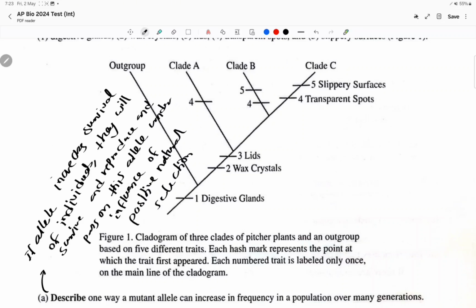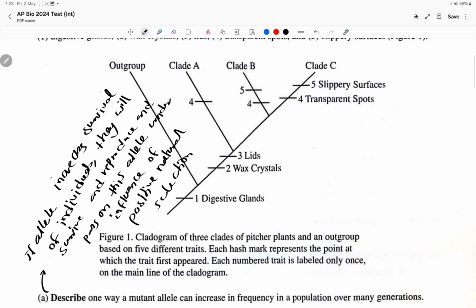But both of these traits appeared within the clade, so not before the node, but after the node. And they also appeared separately, or essentially independently. This means that these traits appeared not because of the presence of a common ancestor, but because of the presence of similar environmental pressures that led to the evolution of the same feature.